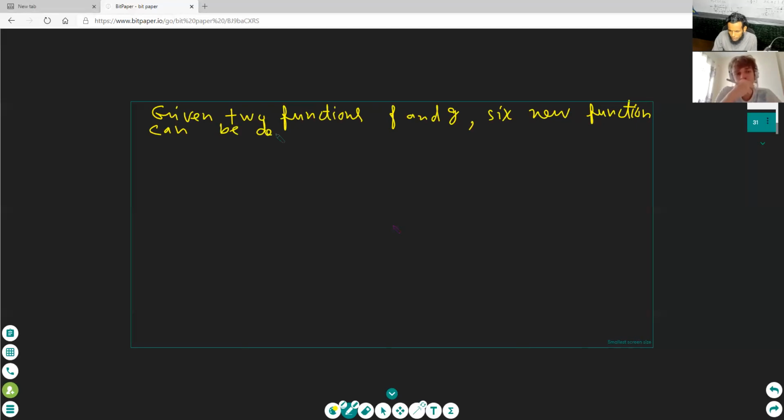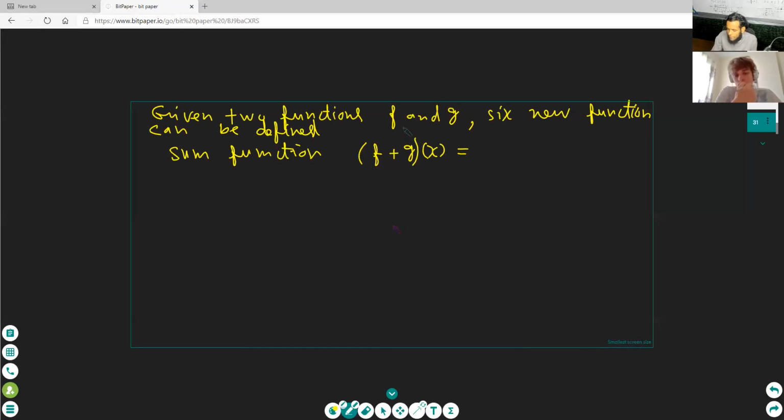There are some formulas to add the functions and to subtract the functions. Sum function means this is the f function, this is the g function, but f plus g is the sum function. Its output value will be denoted as f plus g of x.